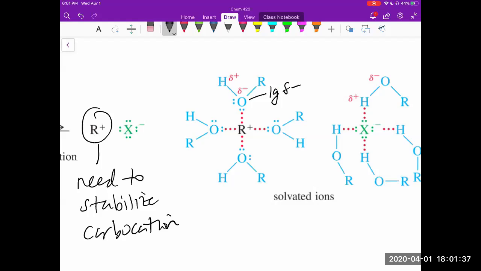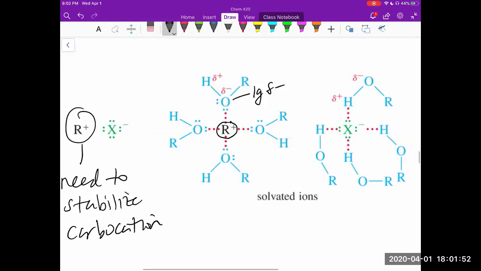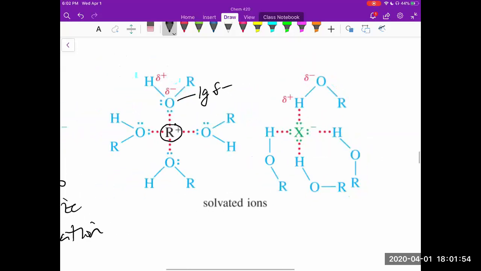And that delta minus can cluster around our carbocation, which is wanting electron density, and help to stabilize it. This is a picture of that happening in the SN1 situation. This is good.